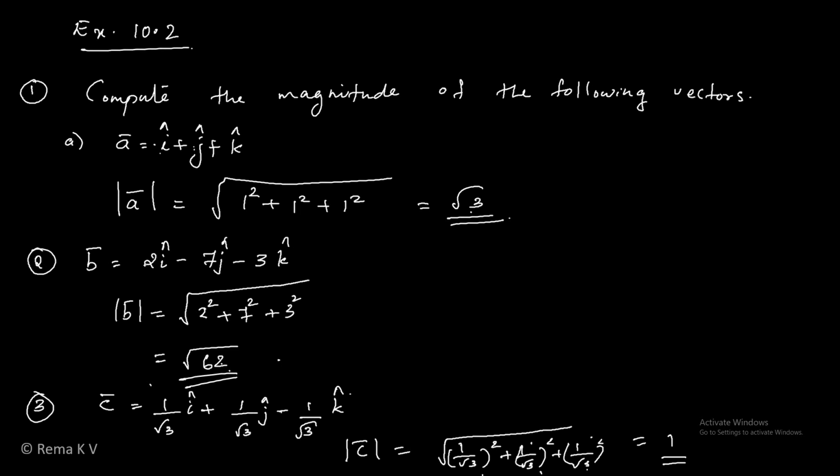So the scalar components 2, minus 7, minus 3 are called the direction ratios. But in this one, the magnitude of the vector is equal to 1. Therefore, 1 by root 3, 1 by root 3, minus 1 by root 3 are the direction cosines of vector C.